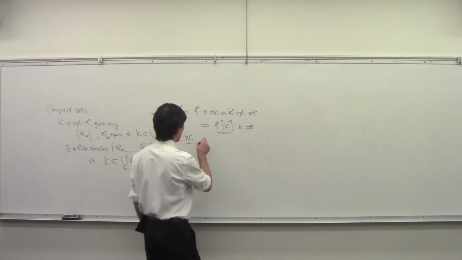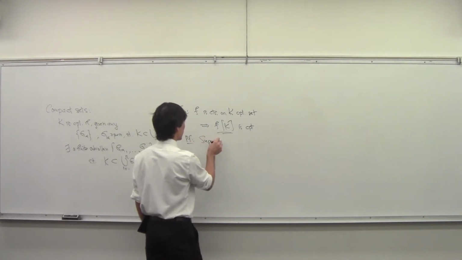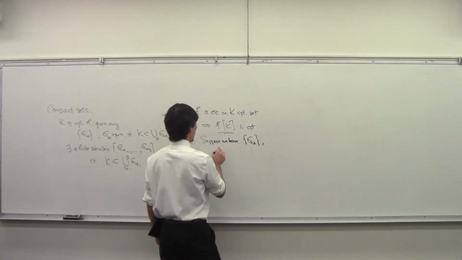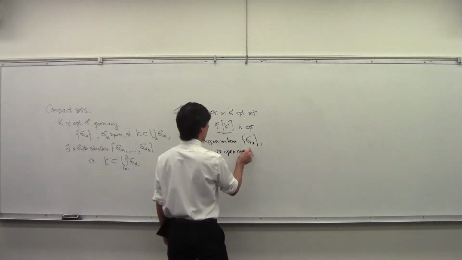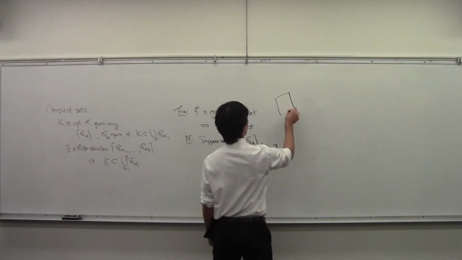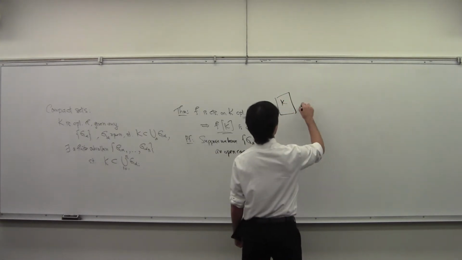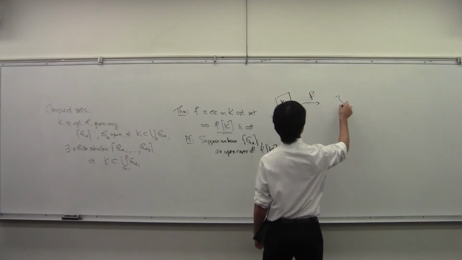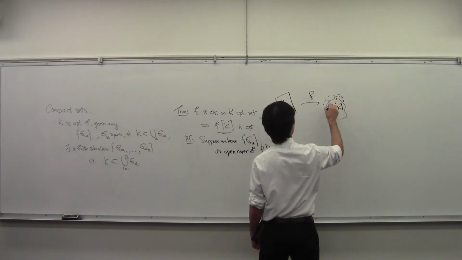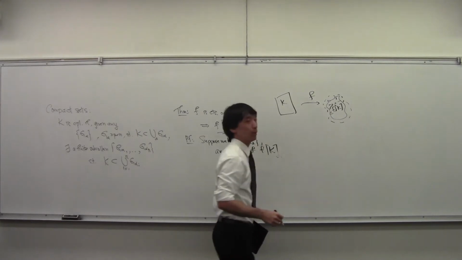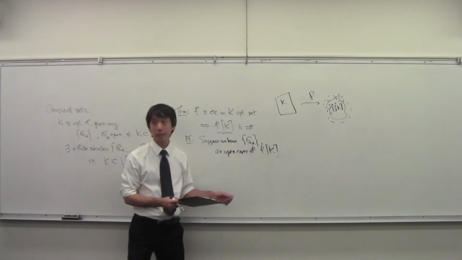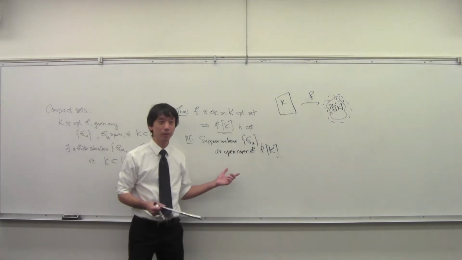Suppose we have G alpha, an open cover of the image. So there's K, our compact set, and F maps it to some set over here, F of K. And suppose we have some open cover of the image. We want to see that there's a finite subcover of that image.